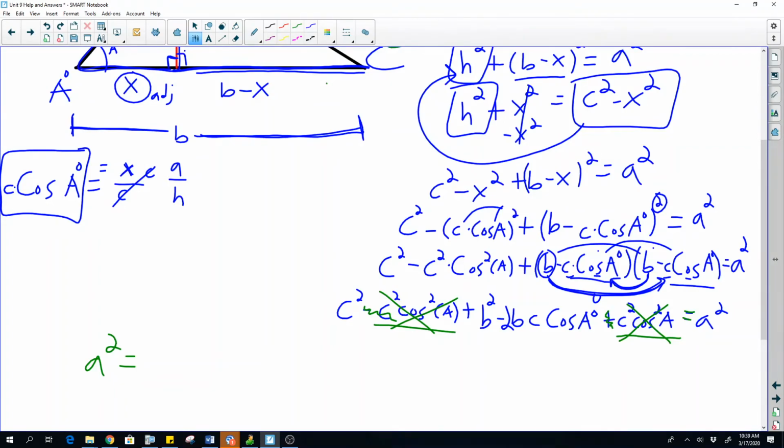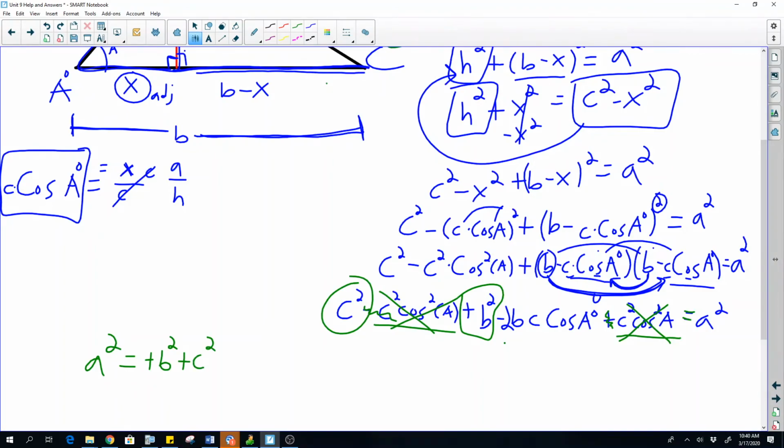Not yet? Okay. So a squared is equal to, wait for it, we have a positive b squared on its own, so let's write that first. We're just rearranging, this is associative, just moving things around a little. So a positive b squared, good. Then we also have this positive c squared, so we'll add positive c squared.